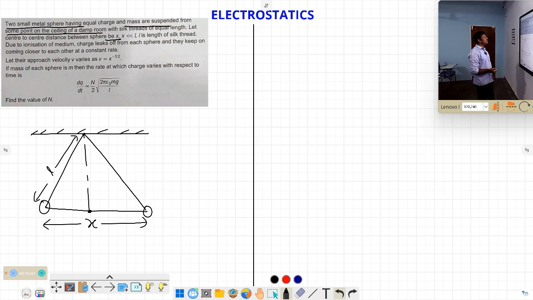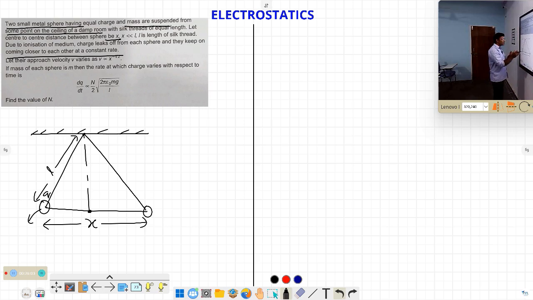Due to ionization of the medium, charge leaks off from each sphere. So what is happening here? Each sphere contains the charge Q. This charge keeps leaking out, and the spheres keep coming closer to each other at a constant rate. Whenever the charge leaks out, the force of repulsion between the two changes.